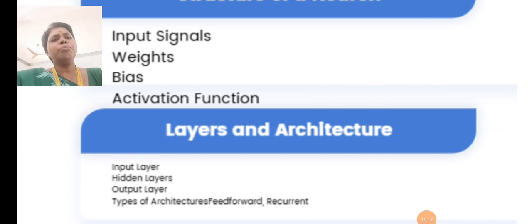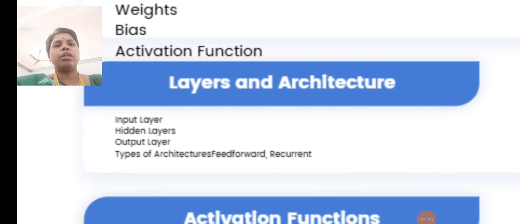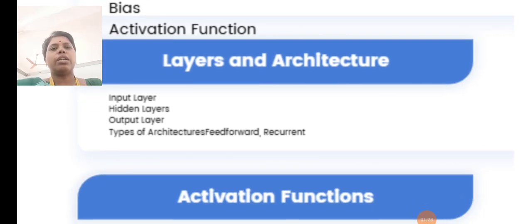In previous videos we have seen the diagrammatic explanation also. Now we come to layers and architecture. Here we have the input layer, hidden layer, and output layer, and the types of architecture may be feed forward, recurrent, convolutional, and so on.